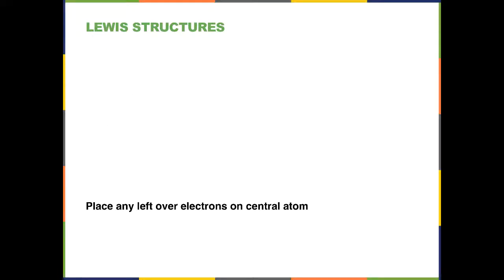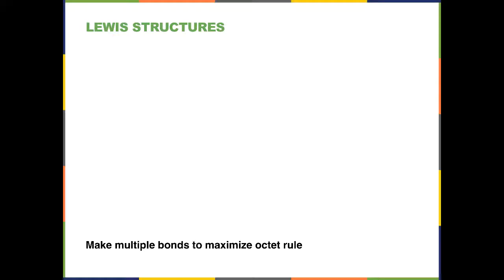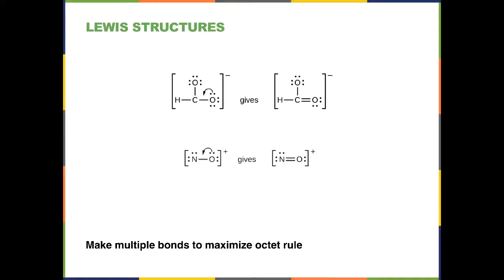So the next step is to place the remaining electrons in the central atom, and that, as you remember, fixes the one compound that we were working on. And then making multiple bonds to maximize the rule of octet fixes the last 2. And again, this is what I showed you on the paper.